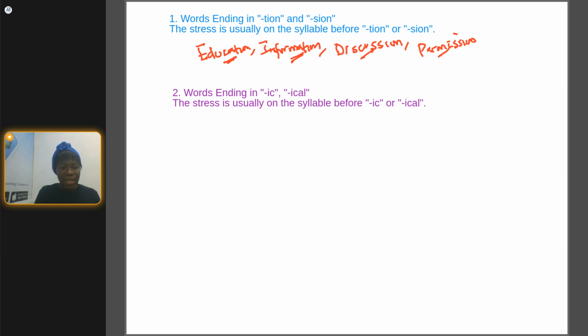When you have words that end with this, it means the stress is also usually on the syllable before the ic or ical, just like tion and sion. So wherever you find a word that ends with ic or ical, the syllable before the ic or the ical carries the stress.